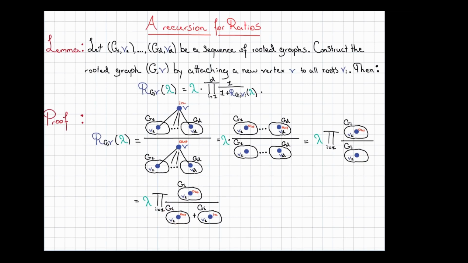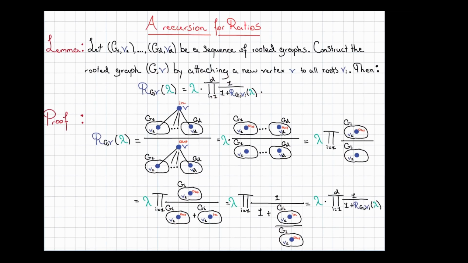And now I divide the top and the bottom by z out. And what I get is this thing where here on the top and the bottom, I actually have the ratios of these smaller graphs.